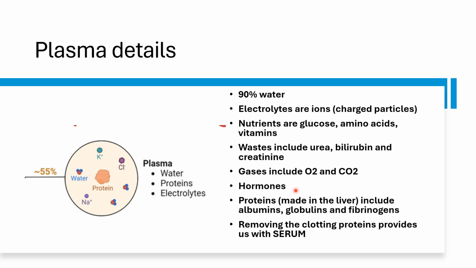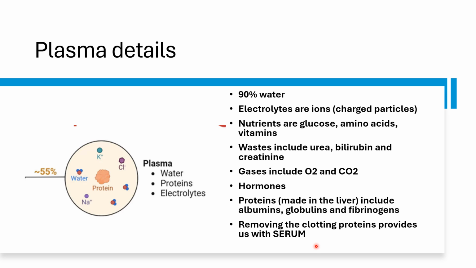You're going to have hormones, any of the 3 types: steroid, amine, or peptide. You're going to have proteins that are made in the liver, which include albumins, globulins, and fibrinogens. Remember, in the previous slide, we saw the word fibrinogen, so this one is responsible for blood clotting. These have other energy benefits.